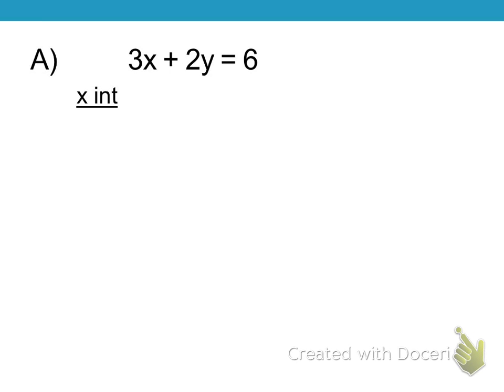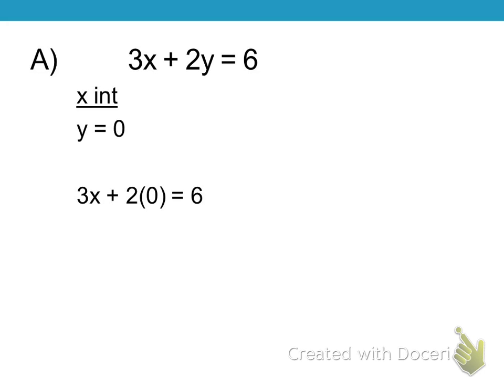So if I want to find the x-intercept, what's going to be the y value? 0, okay? It's always the other one that's 0. So if I want an x-intercept, I have to make the y 0. So rewrite your equation, take y out, put 0 in, and then solve for x.